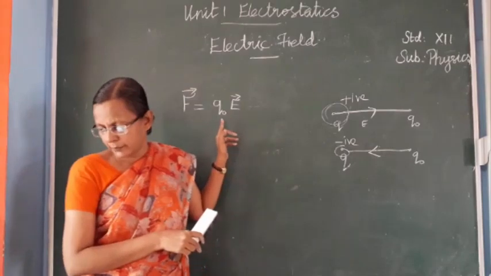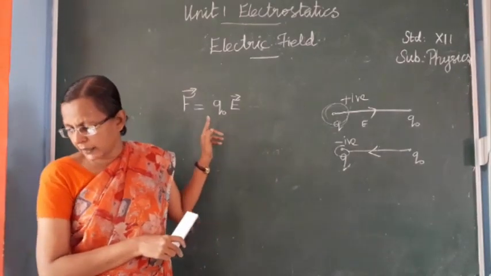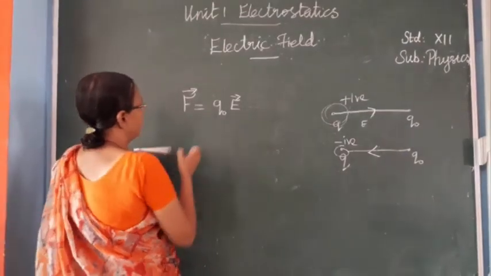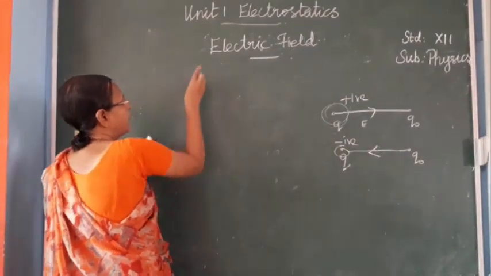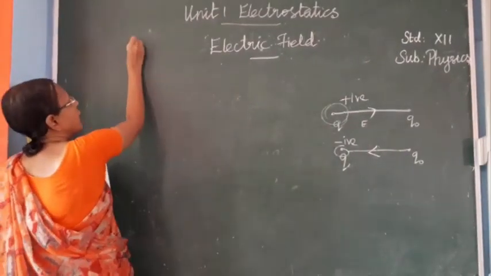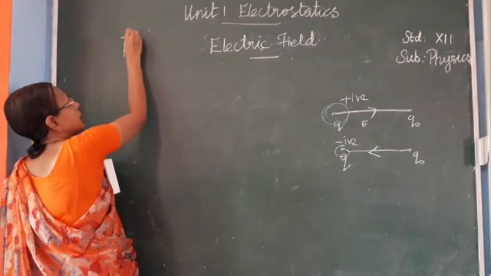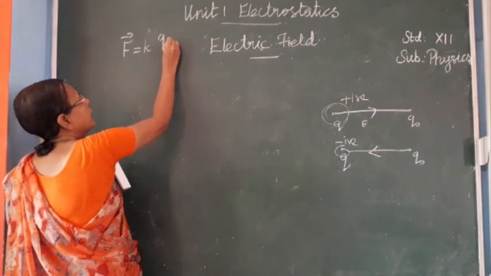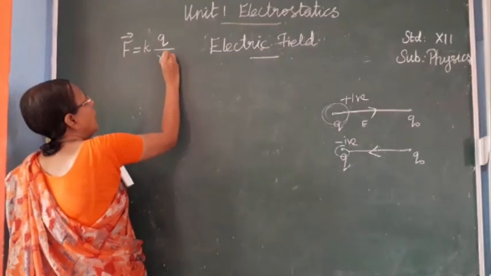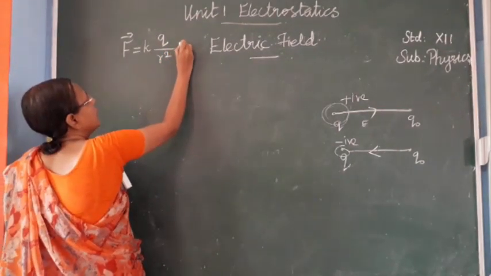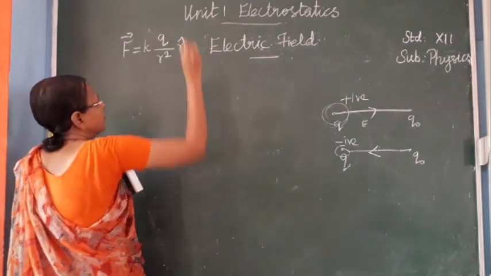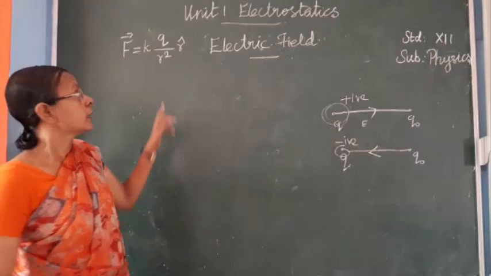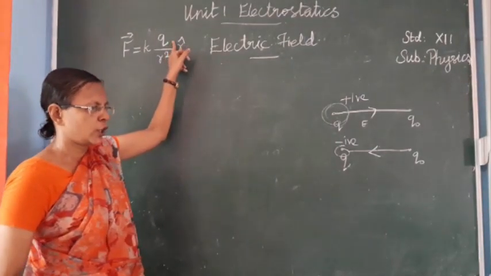Then the third point: for this we want to know the formula. The F vector formula I have to write here, which we are always using: K Q divided by R square into R vector. In the third aspect, we know this Q is the source charge.